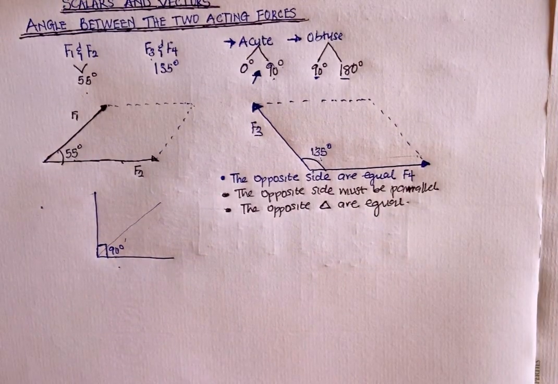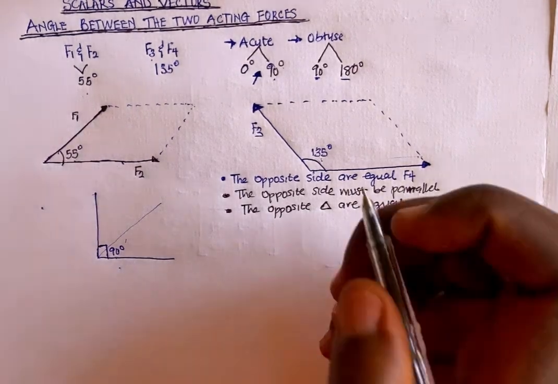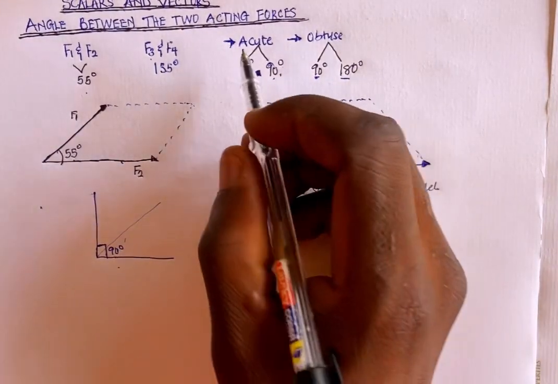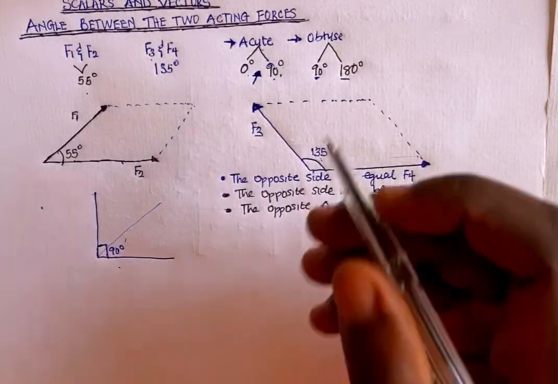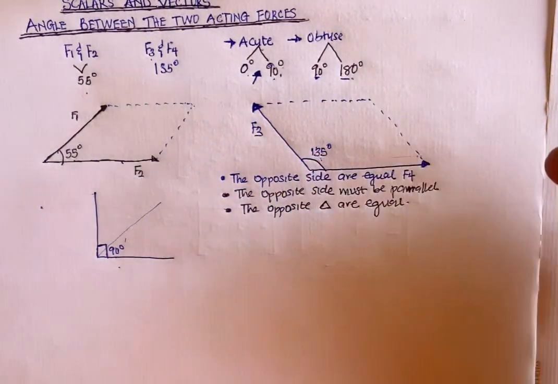So whenever we have forces F1 and F2 acting between 0 and 90 degrees, just know that the diagram is going to be in the form of an acute angle. If they are acting between 90 and 180 degrees, that's obtuse.